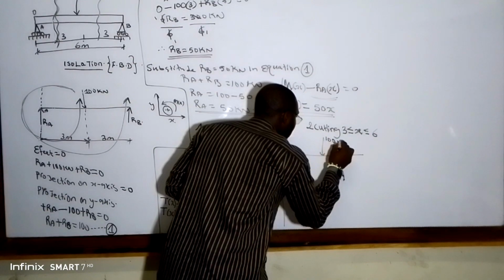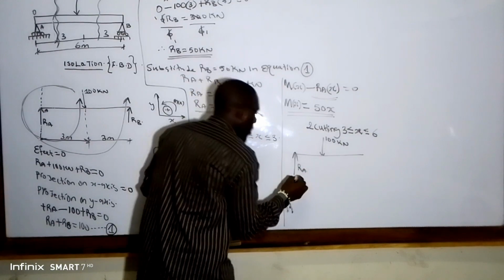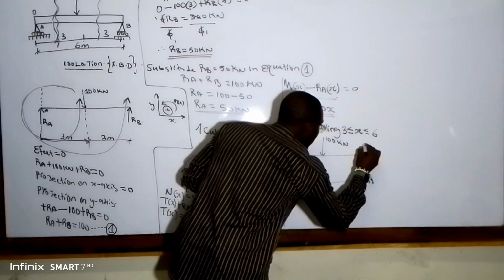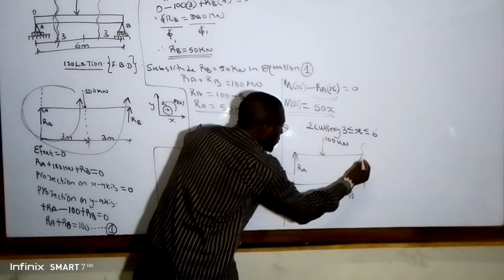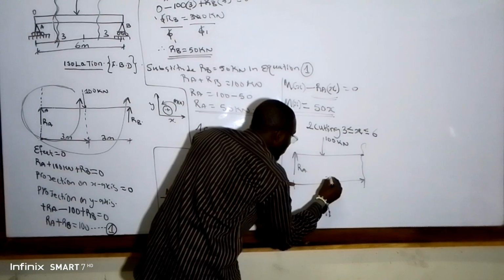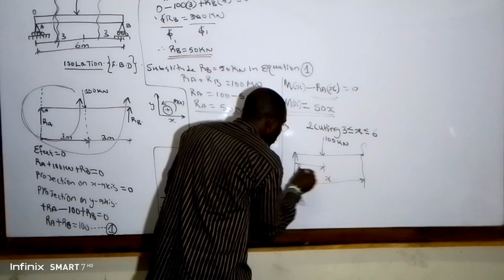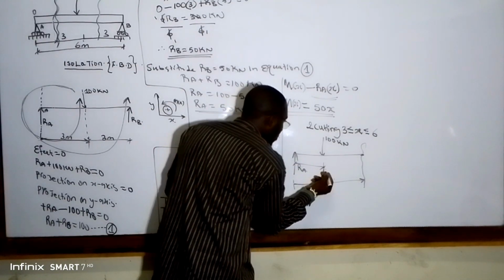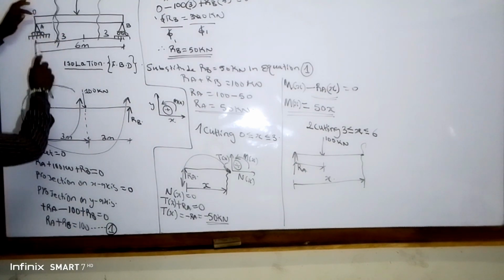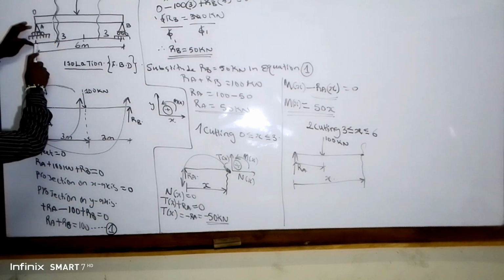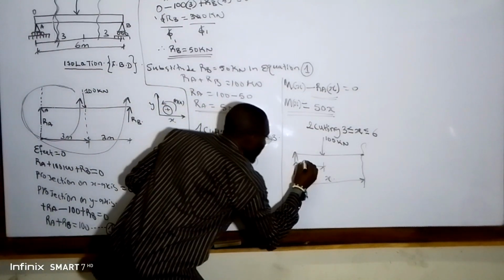We have 100 kilonewton. We have here our R_A. Now guys, please pay attention. We knew from the beginning that from R_A to our center of moment, the distance was x. So guys, let's verify it. If from our R_A to our 100 kilonewton the distance is 3 meters, so I write my 3 meters.